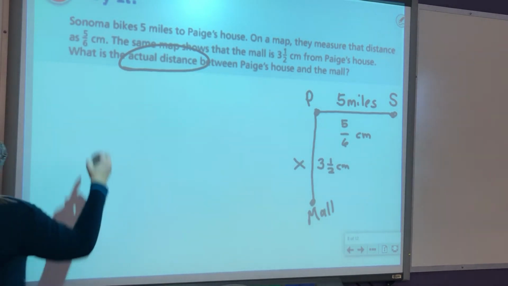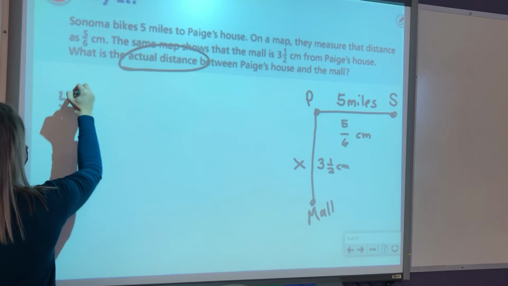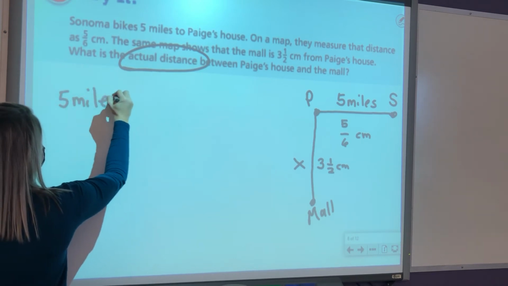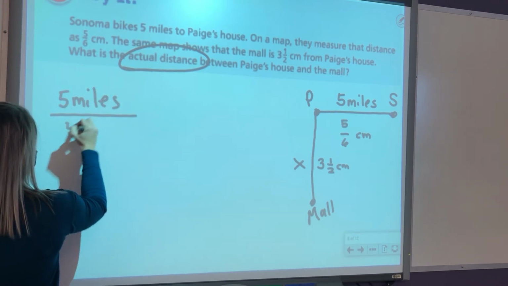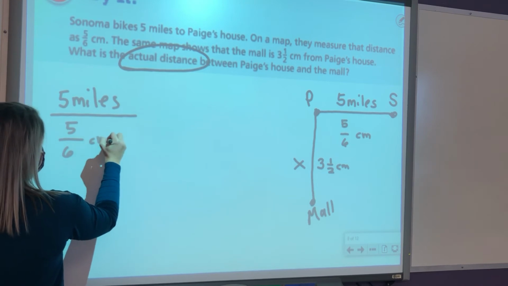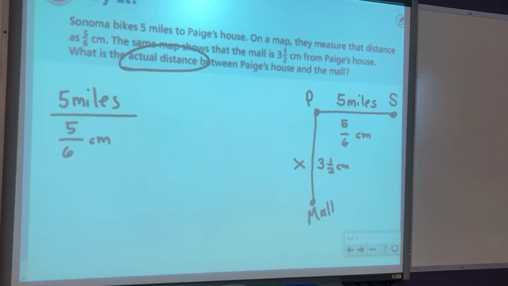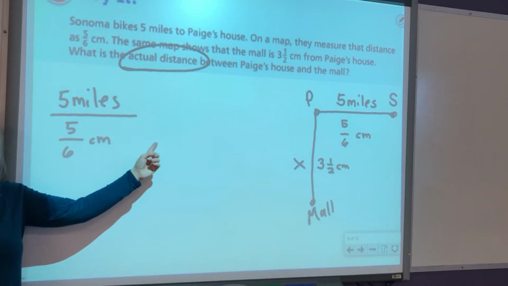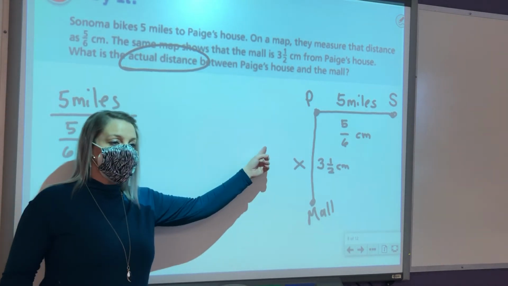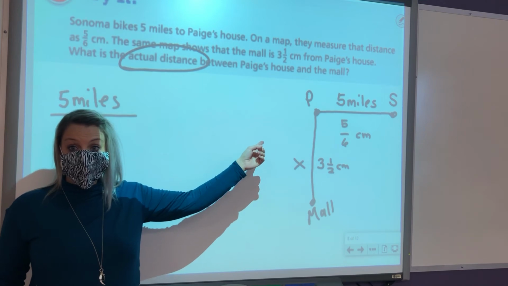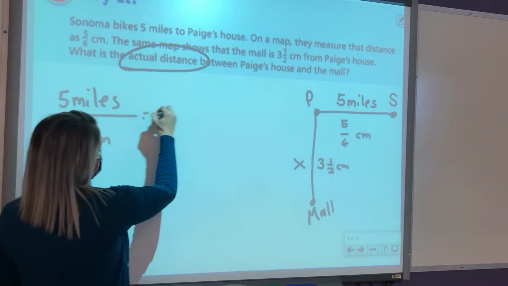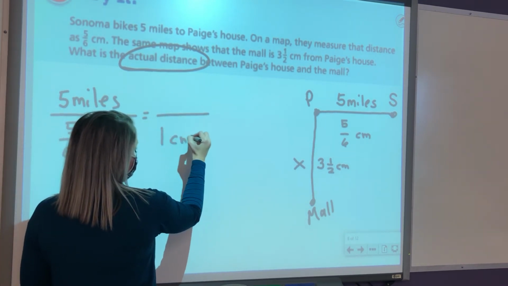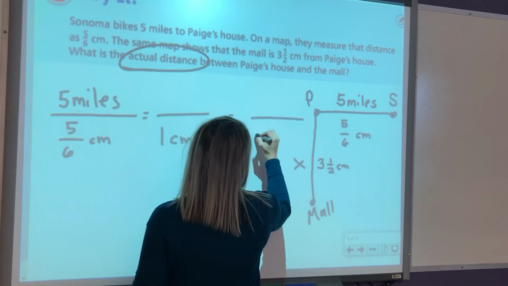I would go here. Because what I can do is I can find out how much 1 centimeter actually is and then move to my 3.5 centimeters. So I can make my pit stop at 1 centimeter and then I can scale up.